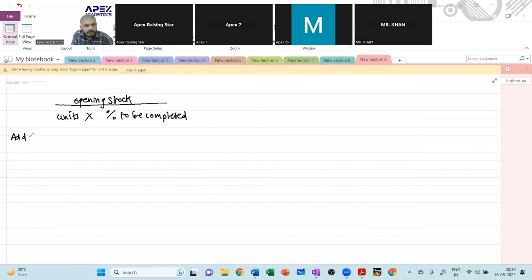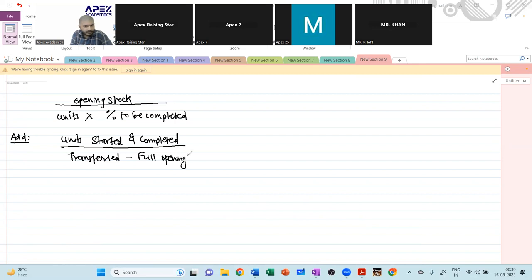To this, you will add units started and completed. What is the formula for this? Transferred minus full opening stock. To this, you will add closing stock.